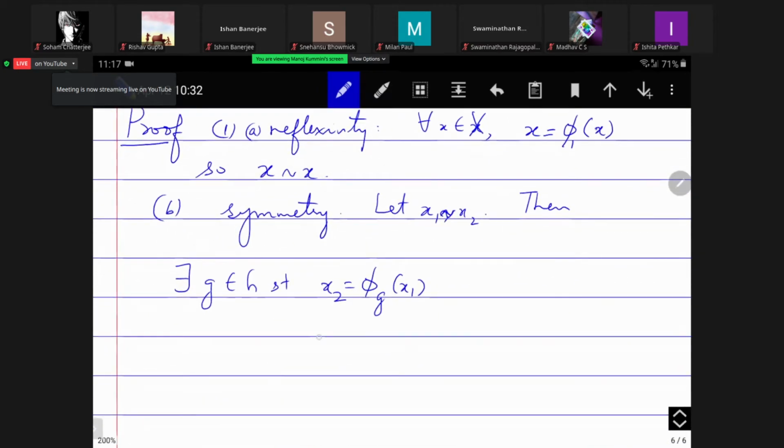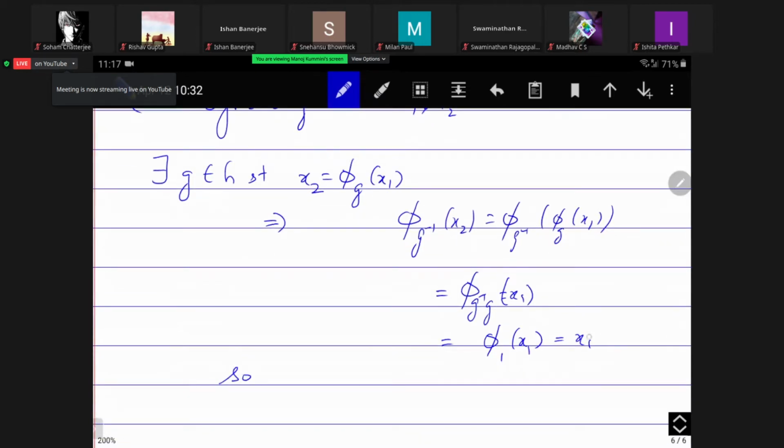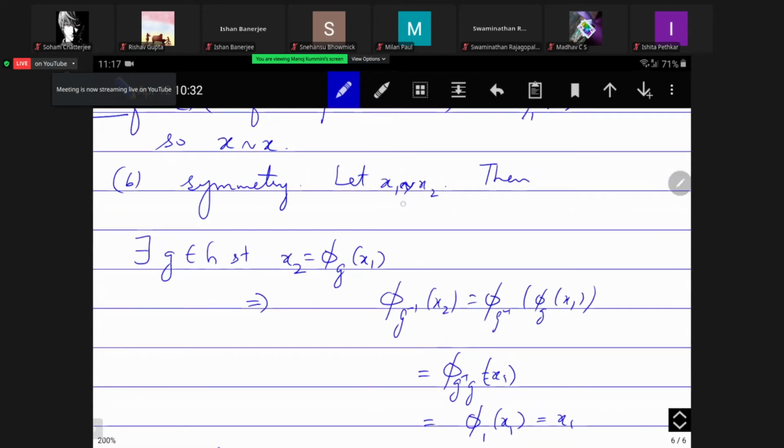Let us compute: phi g inverse of x2 is phi g inverse of phi g of x1, which, because it is a group action, is phi of g inverse g of x1, which is phi 1 of x1, which is x1. So x2 is related to x1. That is the symmetry condition.